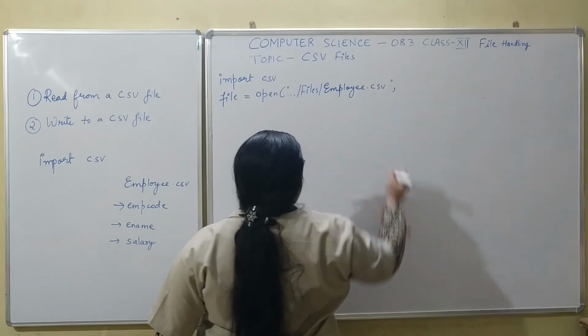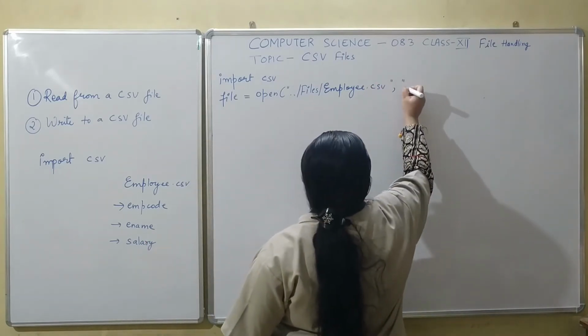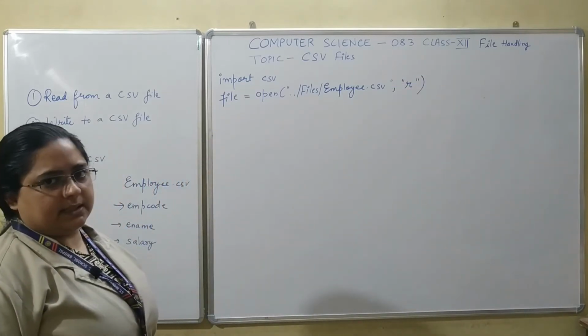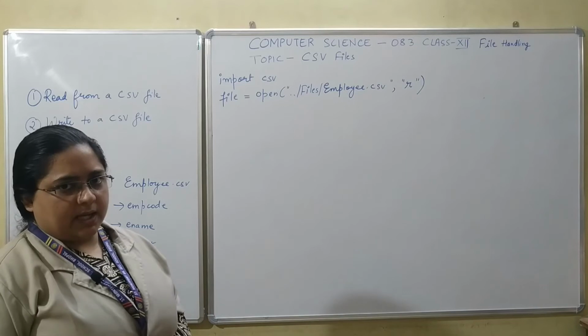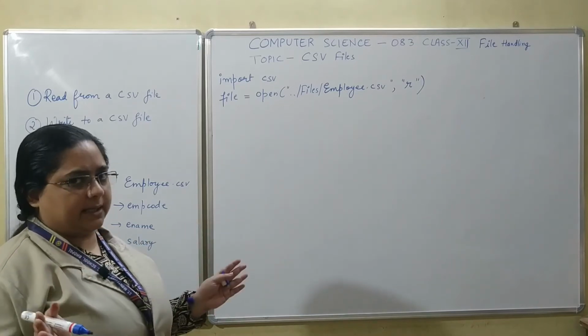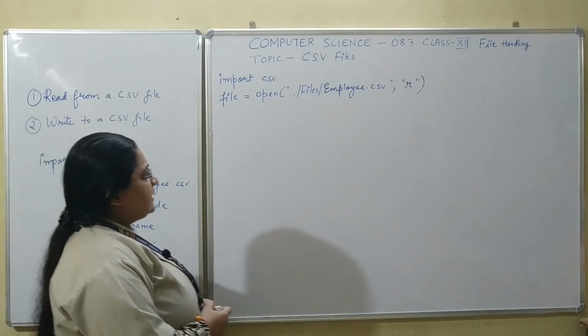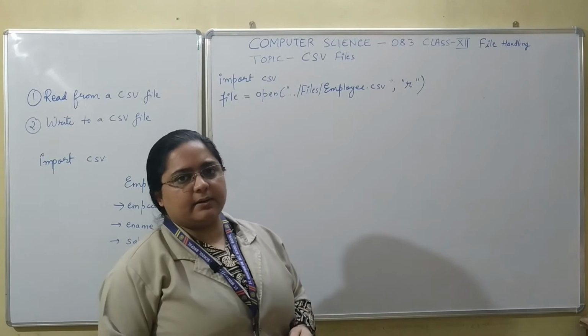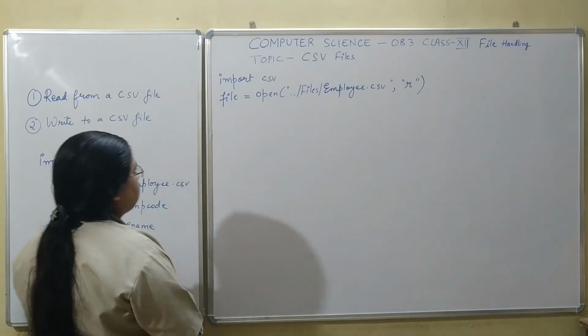Employee.csv, and provide a comma, and it will accept simple r, that is the read mode, and it won't take a b, as it is not a binary file. Remember that CSV files could also be handled by using the normal read and write operations of files.